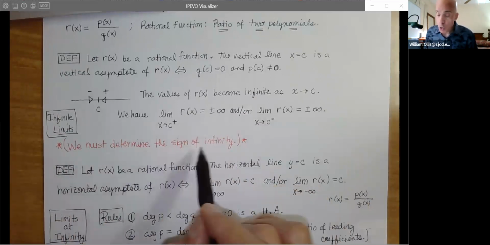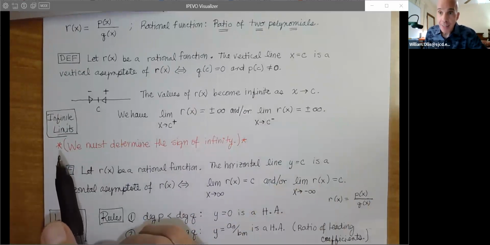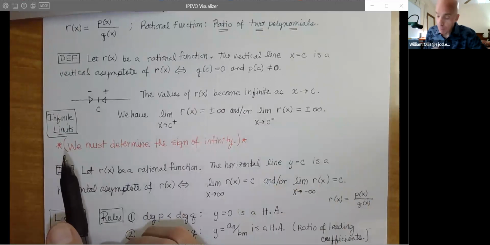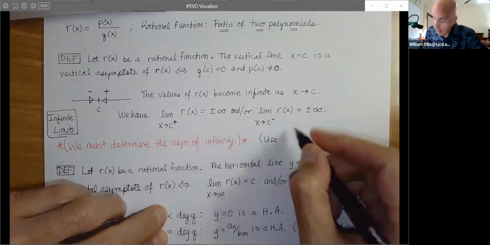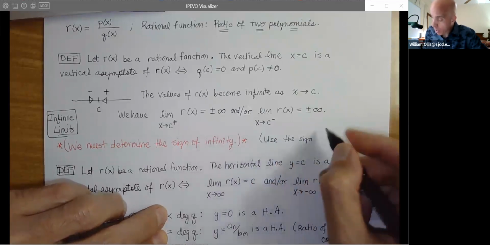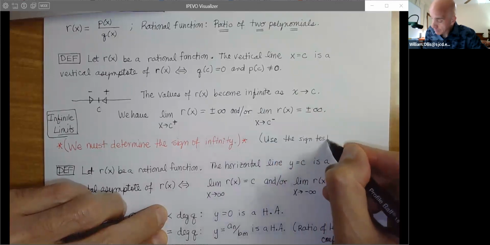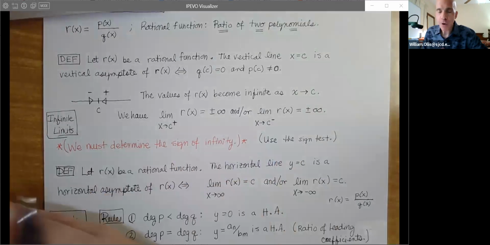And we will determine the sign of infinity using the sign test, just like we do with the BBs. So we will use the sign test, like we're solving an inequality. So that makes this process very simple.